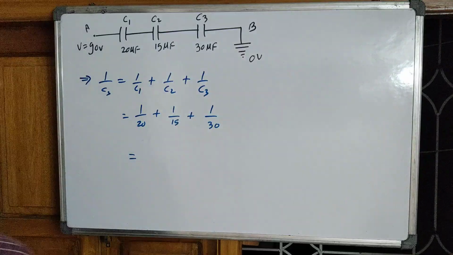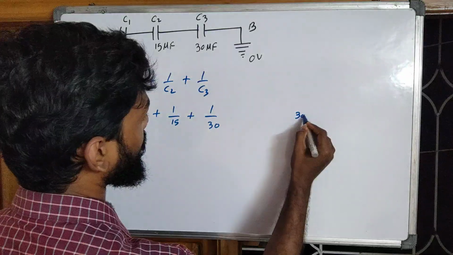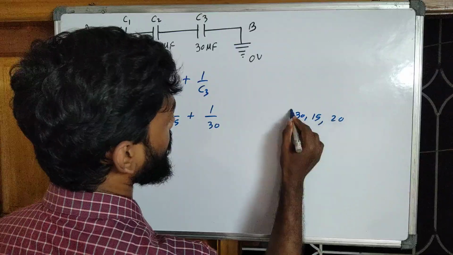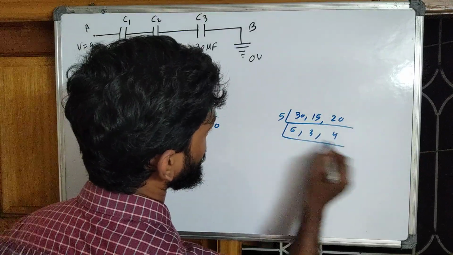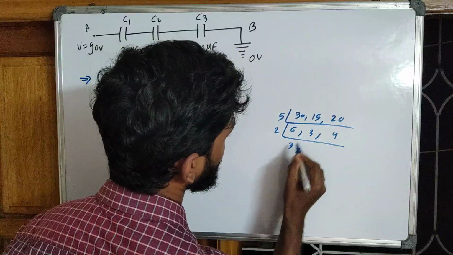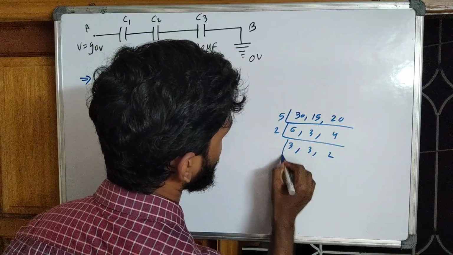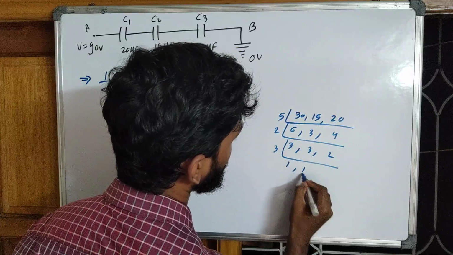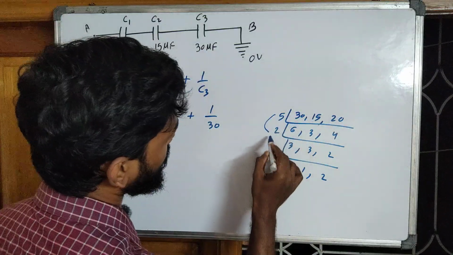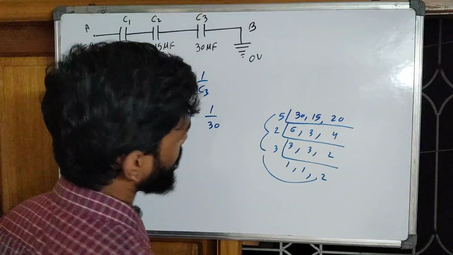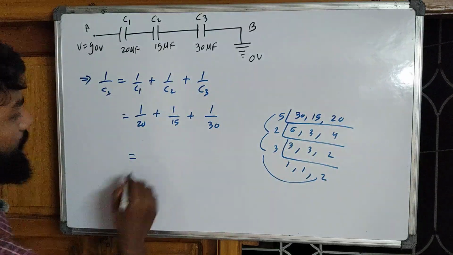All right, so what would be the LCM of 30, 15, 20? 60, the LCM, I guess.